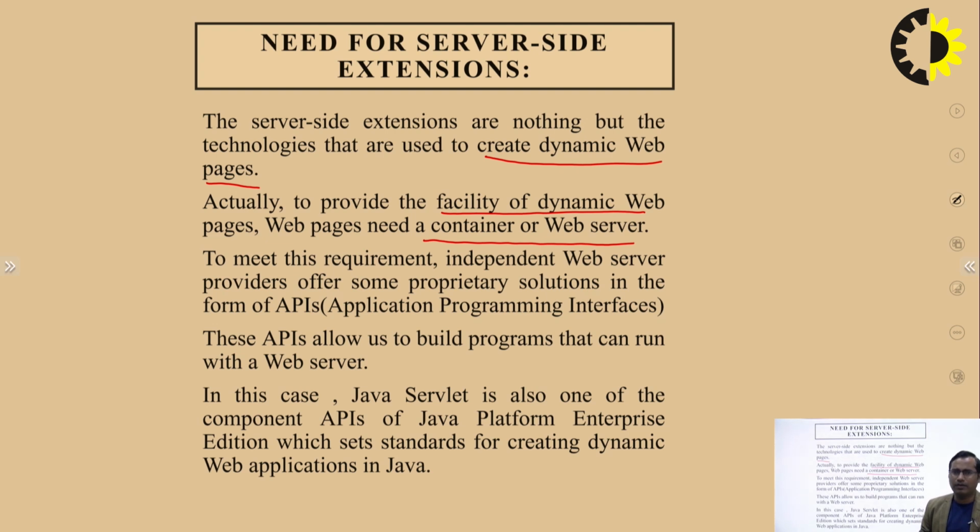Then we require a Servlet container or the server, to deploy this Servlet and to manage the requests and responses. Once the server is running and the Servlet class is deployed on this web server, the web server is ready to take requests from the user, process that request on the server side or the remote side, and then get back to the client.